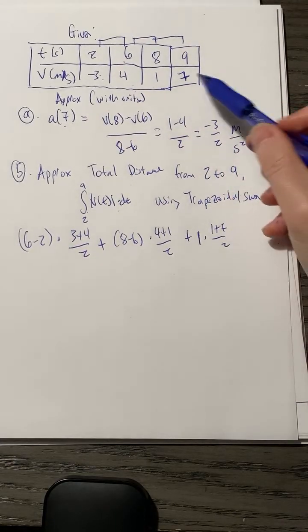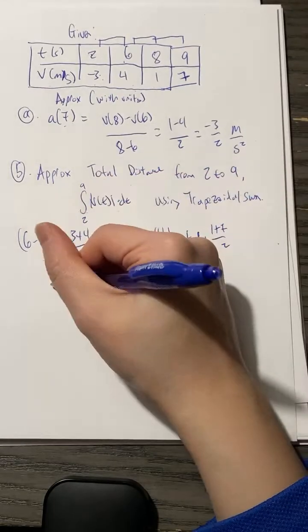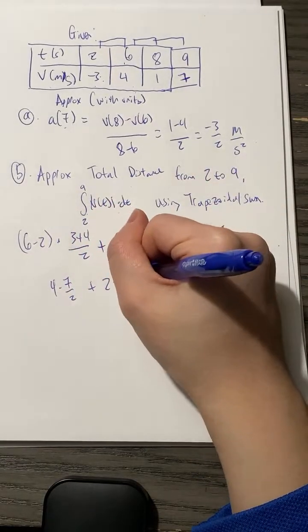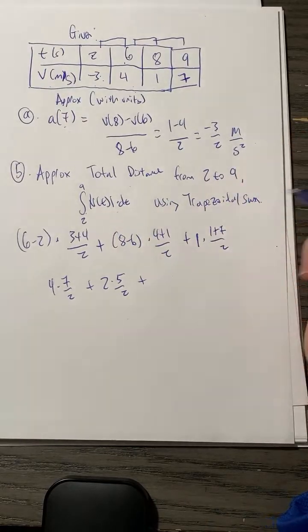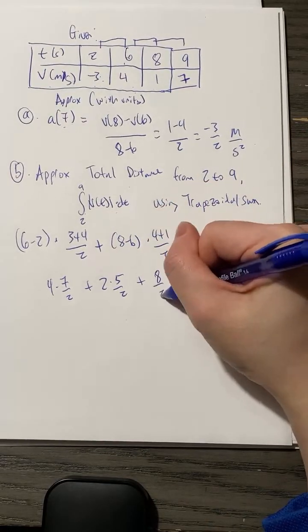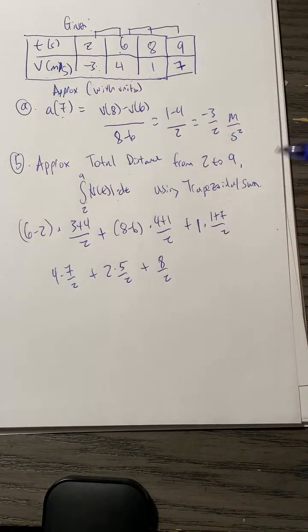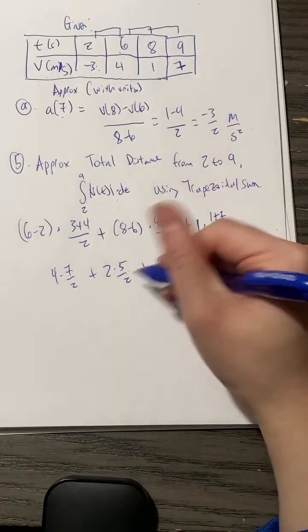Because again, it's the average of those y values. Now I'm going to just simplify this. 4 times 7 over 2 plus 2 times 5 over 2 plus, looks like this is 8 over 2. I don't like doing the divide by 2's sometimes because everything gets divided by 2. So I like to have the common denominator of 2 already set up. So it's going to be 28 plus 10 plus 8.